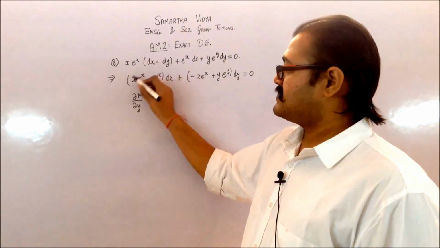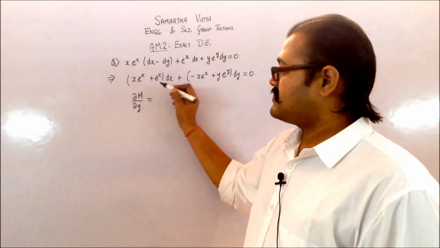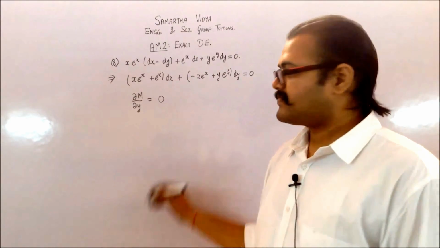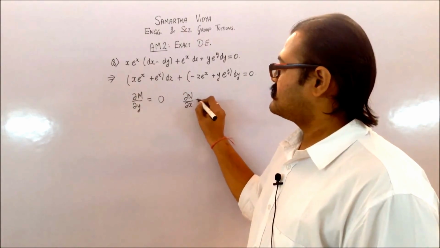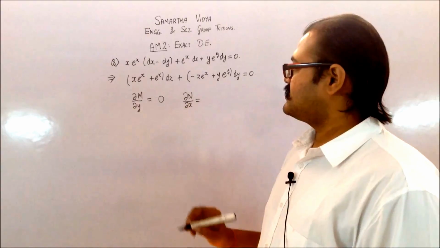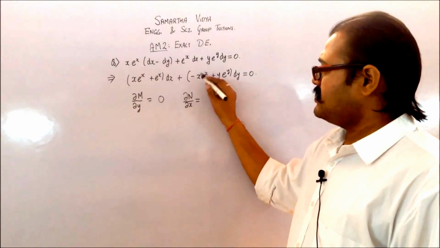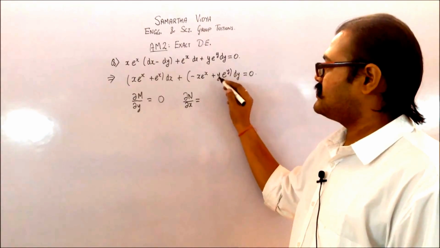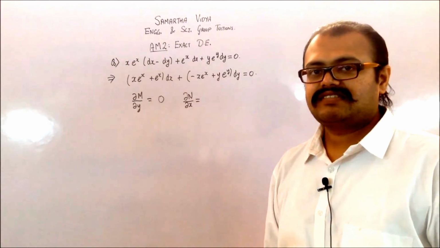In m you can see that there is no term of y at all, so the x will be treated as constant and you will be getting this as 0. Next you will be checking for dou n by dou x. In this you will be differentiating it with respect to x. You can see that you are having only this one term which is present of x, and the other will become 0 because it is in y, so that is considered as constant.